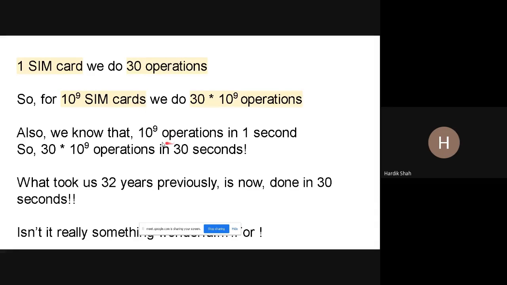Now, we know that our computer does 10 to the power 9 operations in 1 second. So how much time will it take to do 30 into 10 to the power 9 operations? Again, the cross multiplication that we devised earlier, right? So that will be equal to 30 seconds. So we were down from 32 years to 30 seconds, but 30 seconds is still huge.